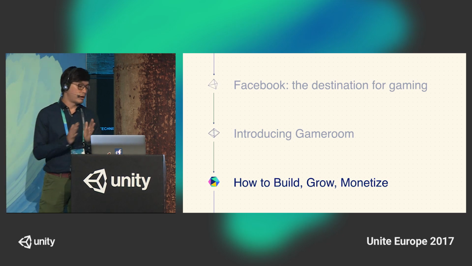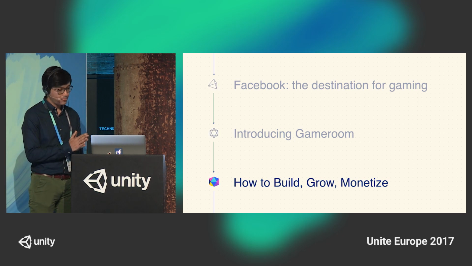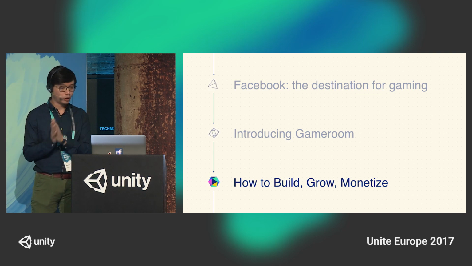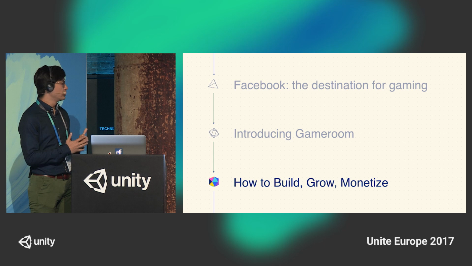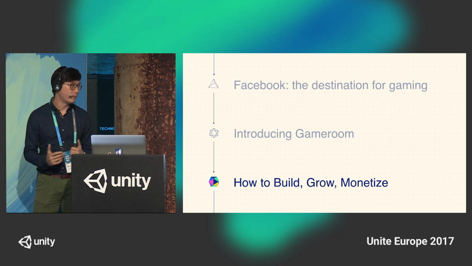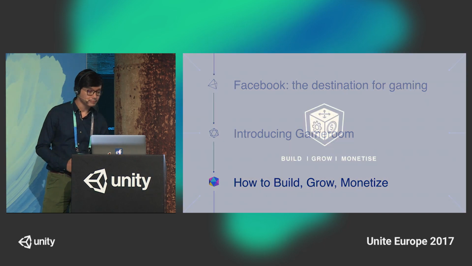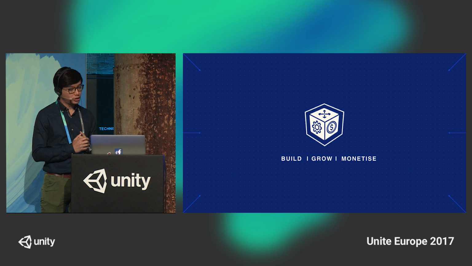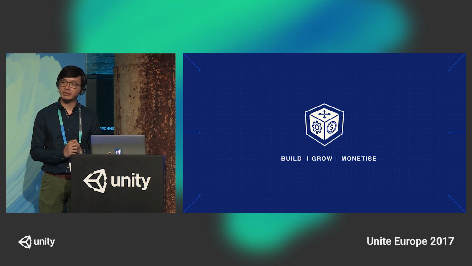So, we have learned about Facebook Gameroom and what it is, and the 4 different pillars: discover, play, watch, and share. Now let us talk about, for you game developers, how to build, grow, and monetize your game. Facebook continues to be a large gaming platform. There are over 70,000 active games connected to the Facebook platform today.